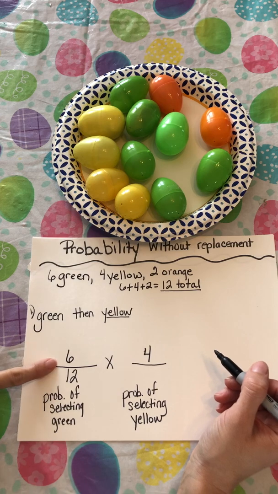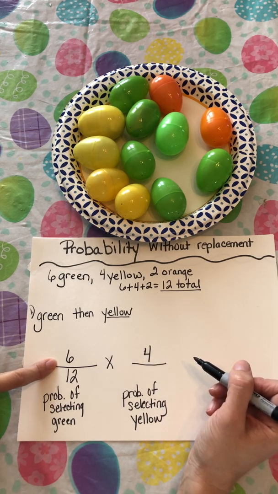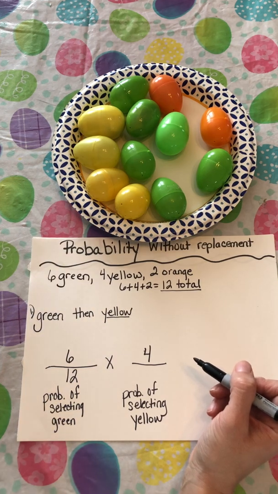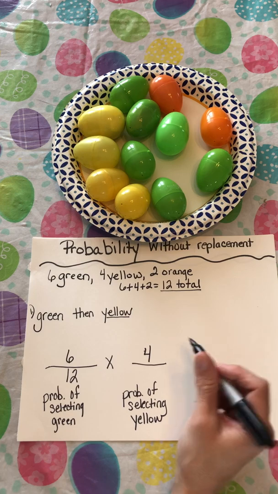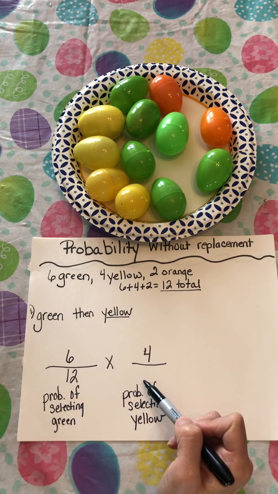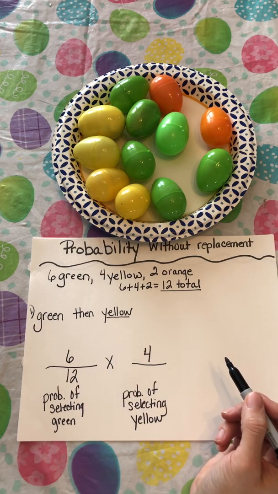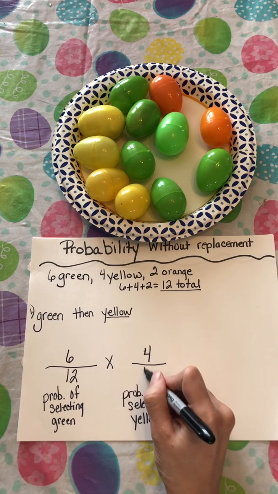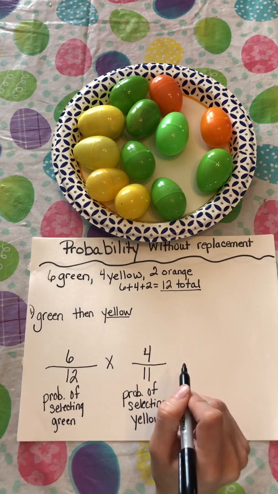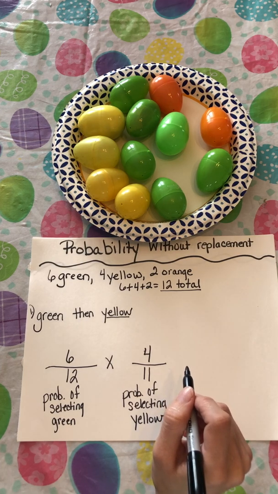Since our first selection was green, our next is a different color, so we keep the same number, 4. Because this is without replacement, the denominator will change. It will no longer be 12. We will reduce it down to 11 chances of getting a yellow in the container.